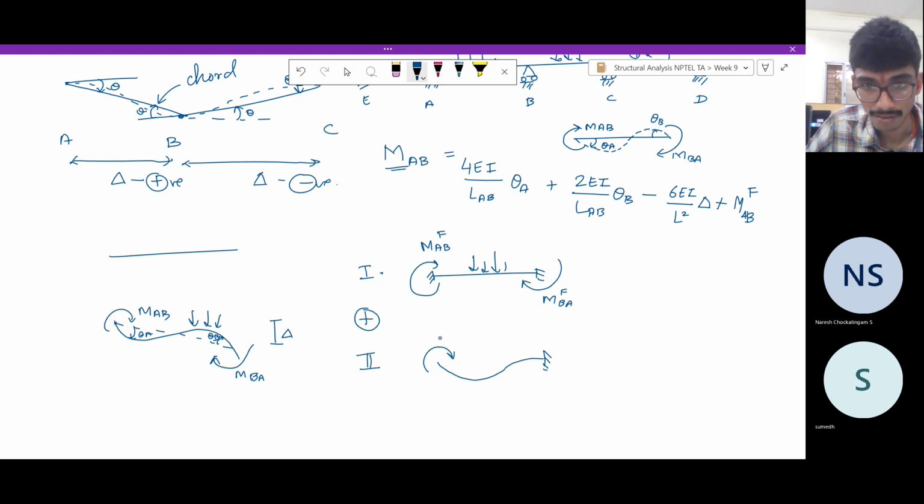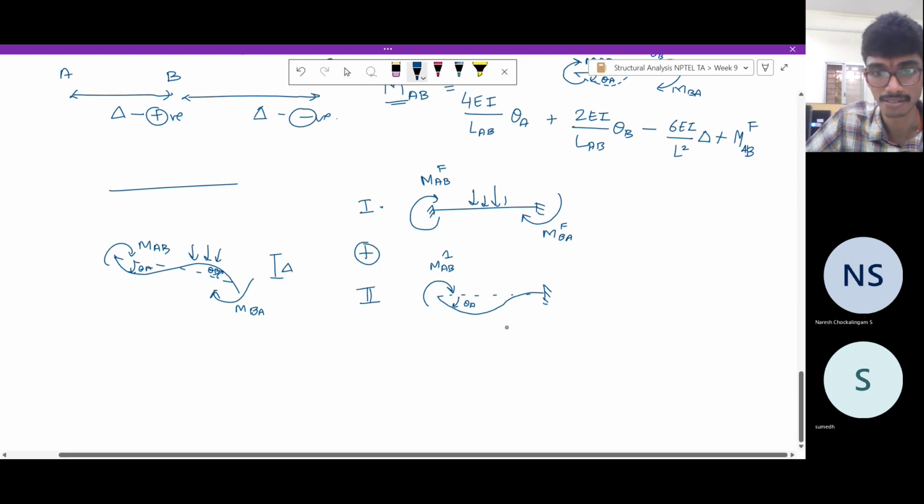Let us call it M_AB1, caused by a rotation of theta A. So if you fix the far end and you apply a rotation here, what will be the moment that is needed to rotate the beam at this point by an angle theta A?